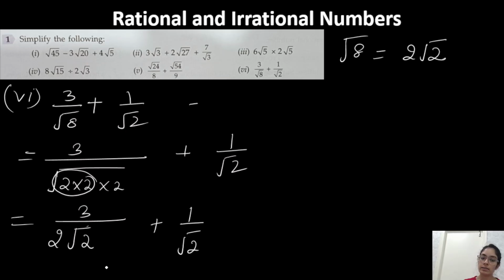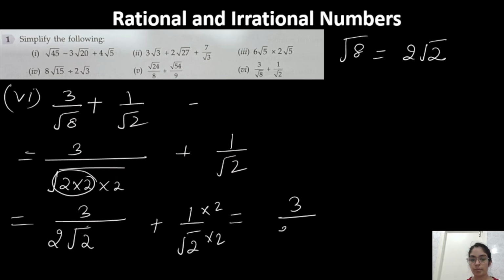Now these are two fractions. So normally, if two fractions are there, for adding two fractions we have to make their denominator same. So how we can make its denominator? So this side denominator is 2 root 2. So if this side also up and down we multiply with 2, we'll be getting the same thing.